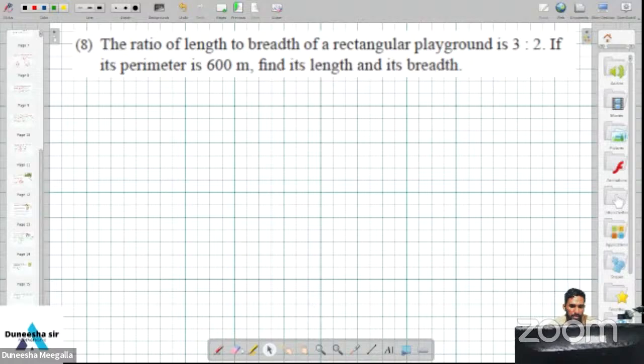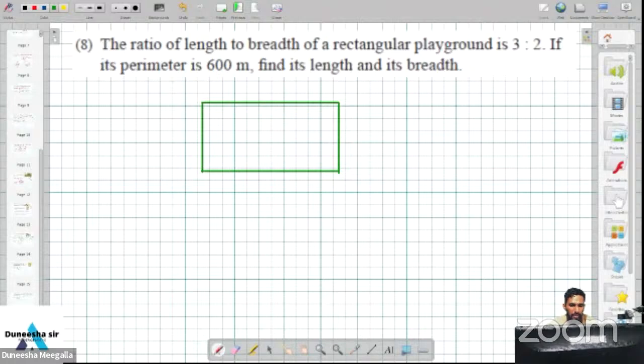Can you find out? How do we find it? Then what is the shape of this rectangular playground? Tenuli, did you get the answer? Yes, sir. Okay.